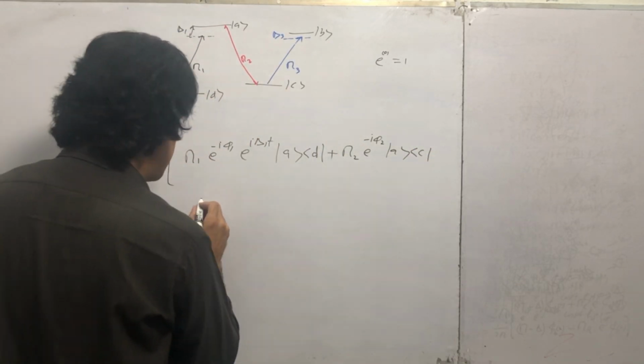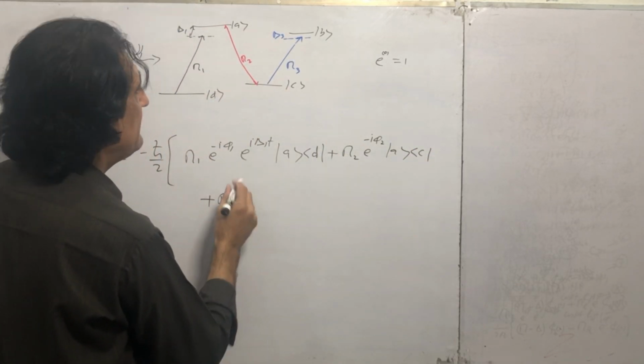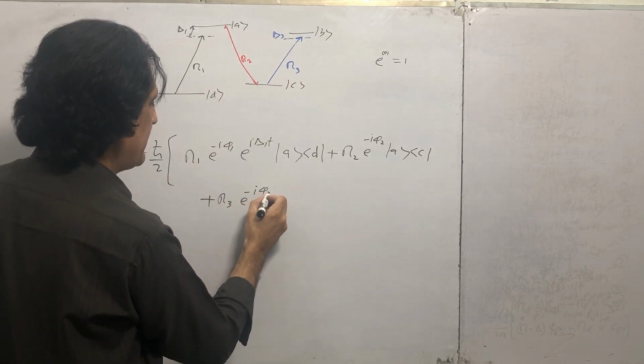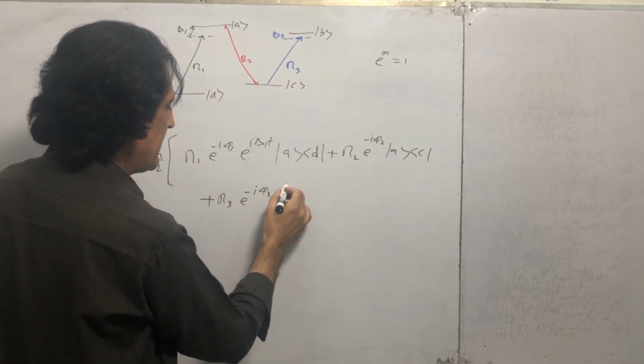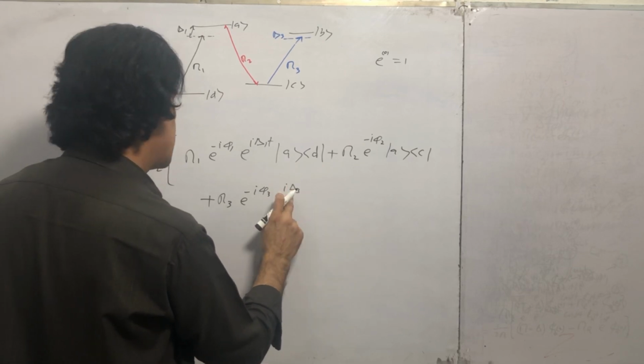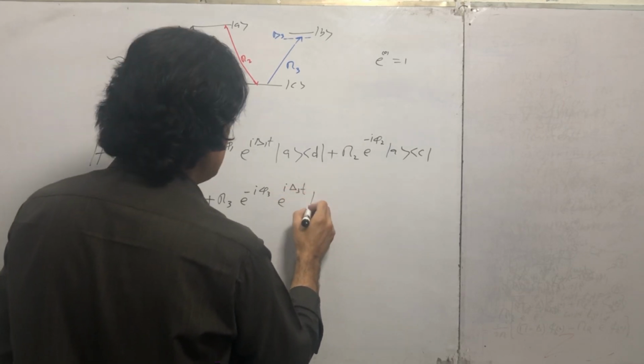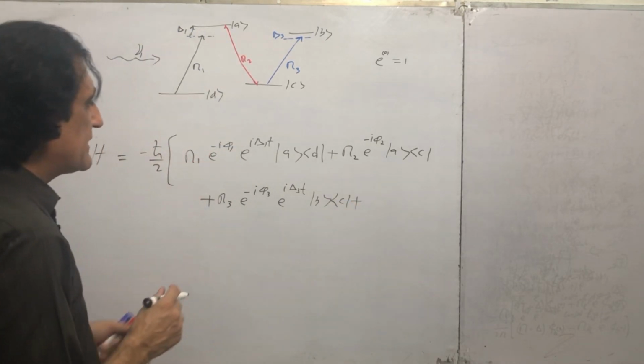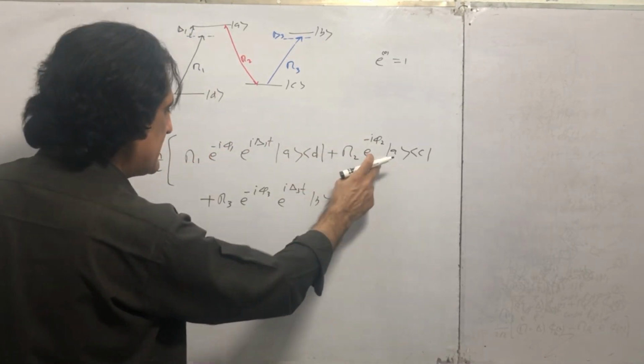And the third field is Ω3, and it has some detuning Δ3, e^(-iφ3) and e^(iΔ3t) and |B><C|, and the complex conjugate of this and this.